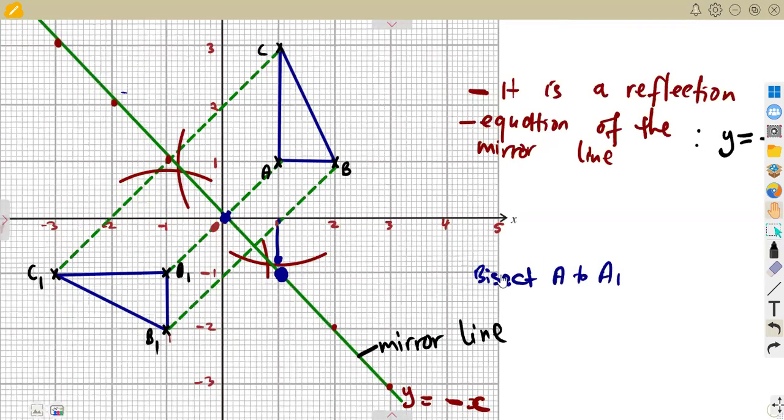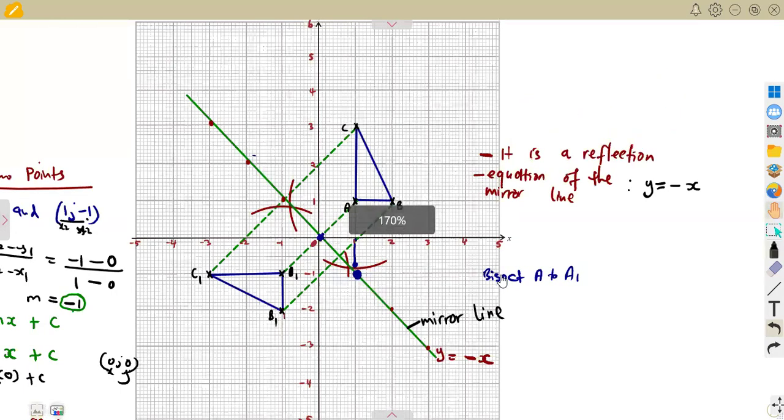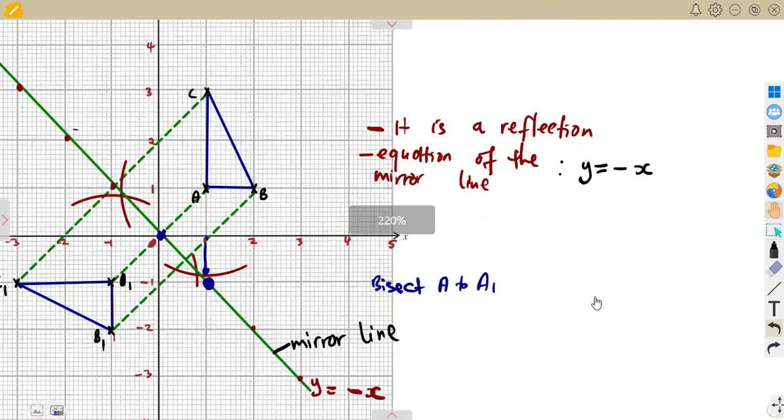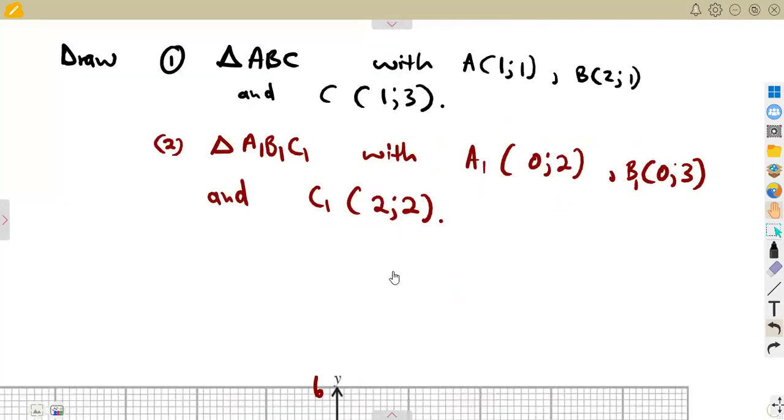So as you can see, it needs you to revise your algebraic graphs, how to determine the equation of a straight line, this and that. But this is how your questions might be. So let us conclude with this one.